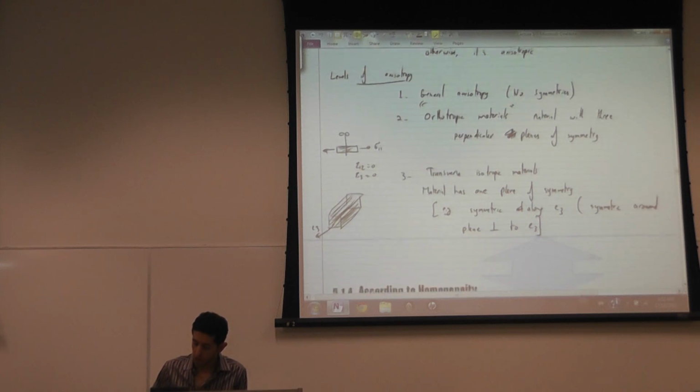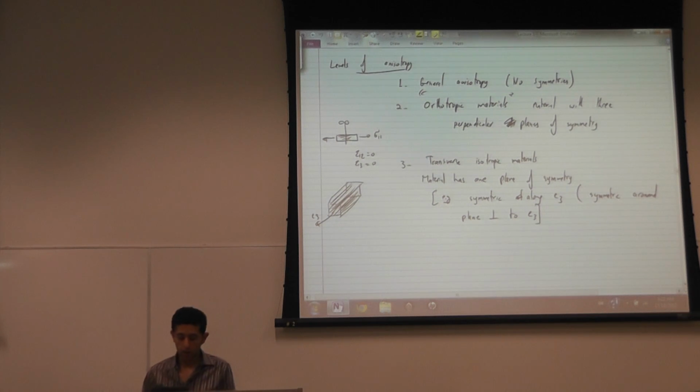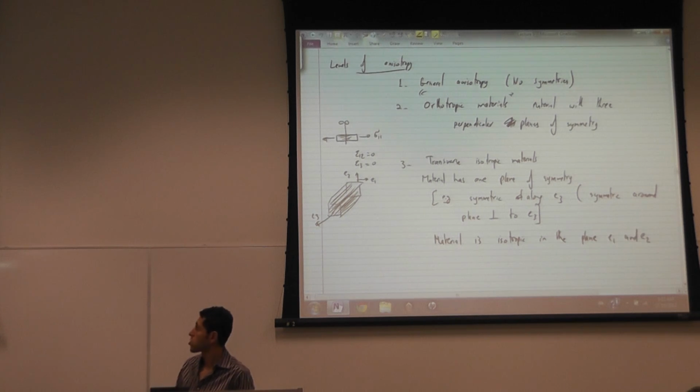So it has one plane of symmetry, and the material is isotropic in the other two directions. So this is called transversely isotropic materials.